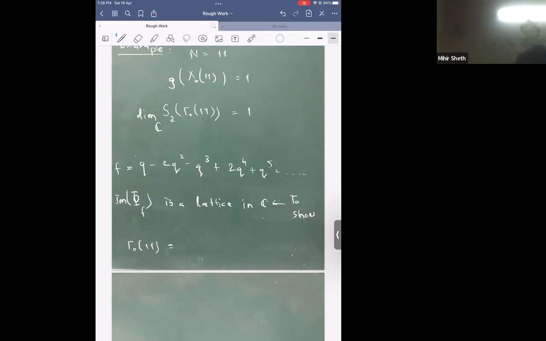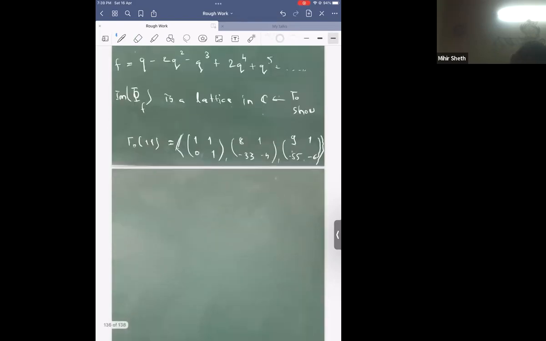It is generated by three elements, which are given to be the matrices (1 1; 0 1), (8 1; -33 -4), and (9 1; -55 -6).